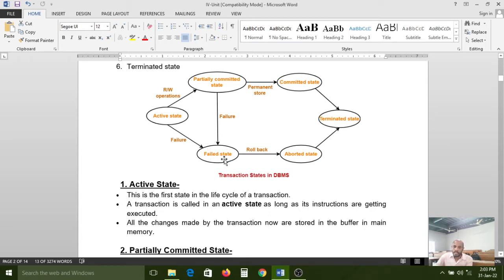And if the failure state occurs, then automatically the next state is the aborted state. In this aborted state, whatever operations we have performed, all operations are rolled back to the failing state and again the active state, so it can be set again as it was.